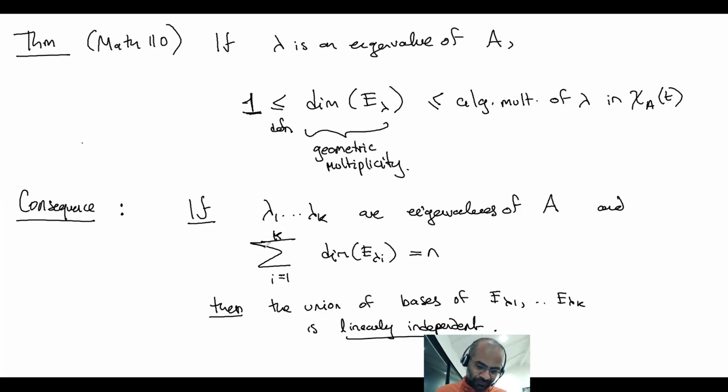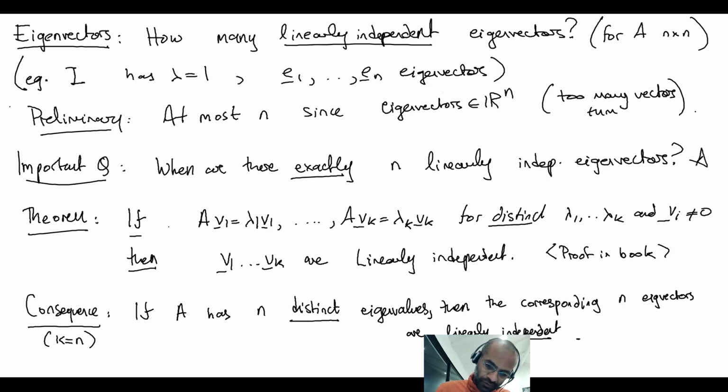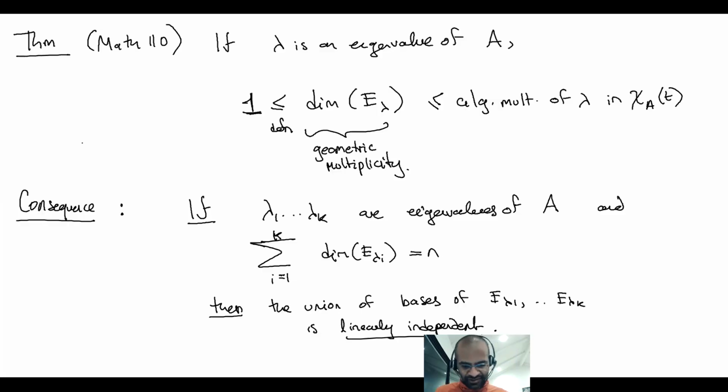And this is the case we're going to be most interested in: when do you have n linearly independent eigenvectors? In this course, in terms of applications, we're not really going to care that much about cases where there are fewer than n linearly independent eigenvectors. So this is another sufficient condition to have n linearly independent eigenvectors.